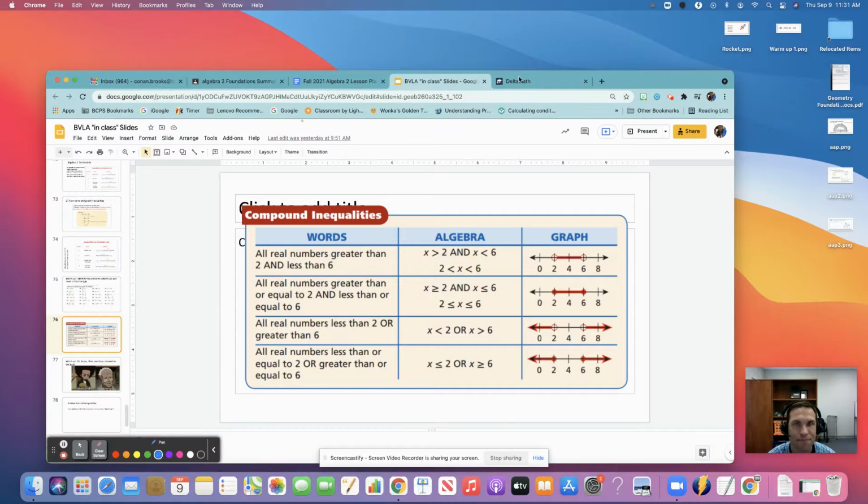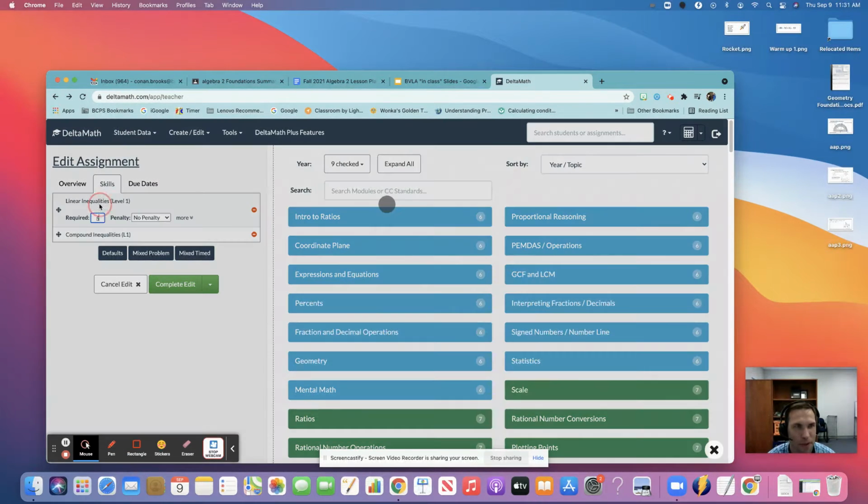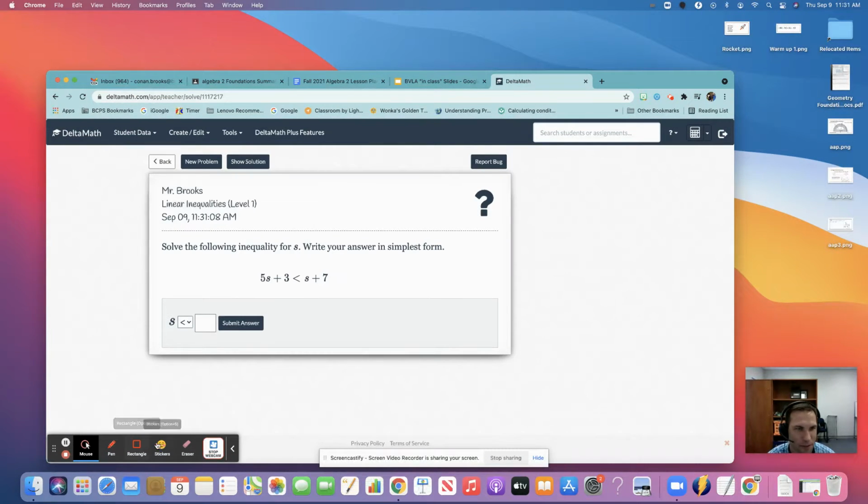Okay. So we're going to go to the assignment. We're going to look at this. And remember, this is your river. My recommendation, you can do it either way, but my recommendation is to take the smallest value of the variable term and move it over. So minus s, and so 4s.